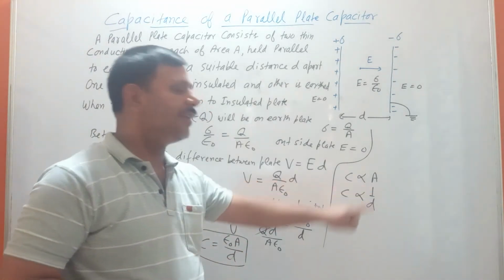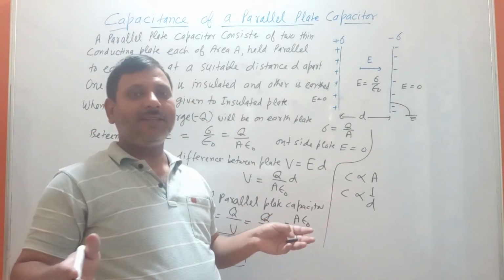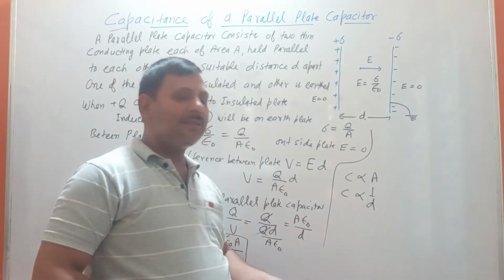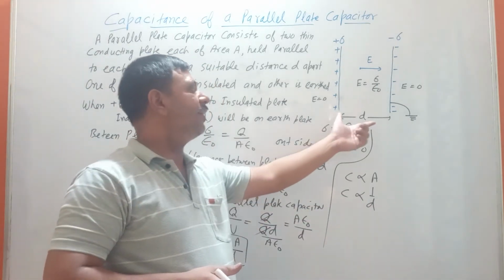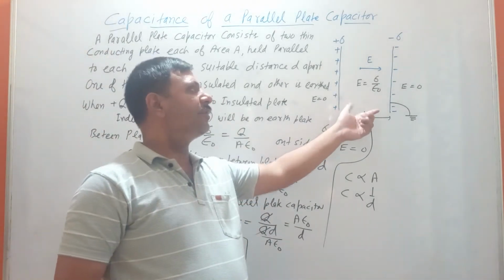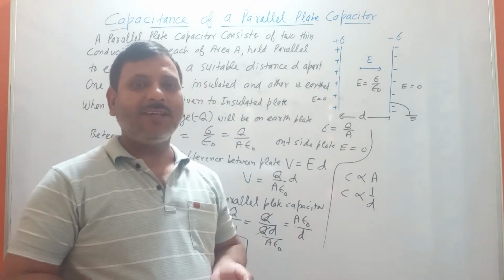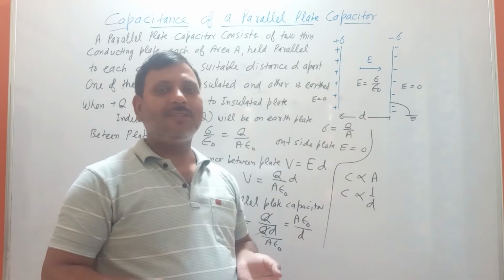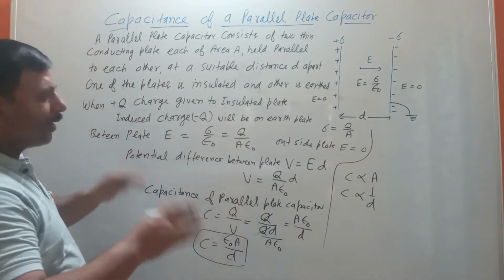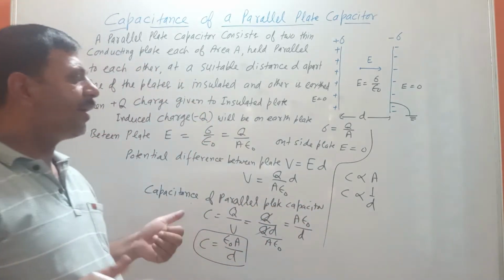So if you want to increase capacitance, the area must increase, meaning the size of the parallel plate capacitor will increase. Another option is to decrease the distance between the plates, but it has a limit, because if you decrease the distance too much, charge leakage will take place and damage it.